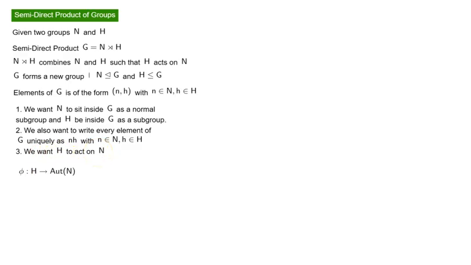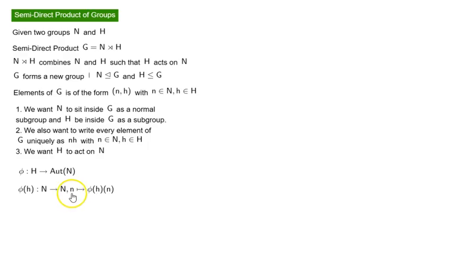So we define phi, mapping H to the automorphisms of N. That means phi of h maps an element of N to an element of N by doing something using h.